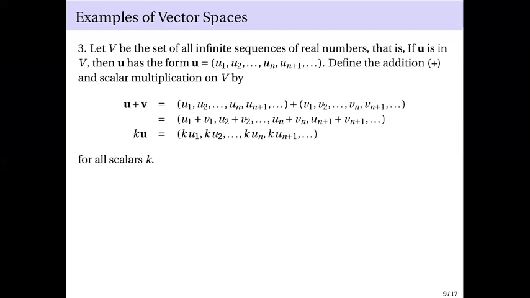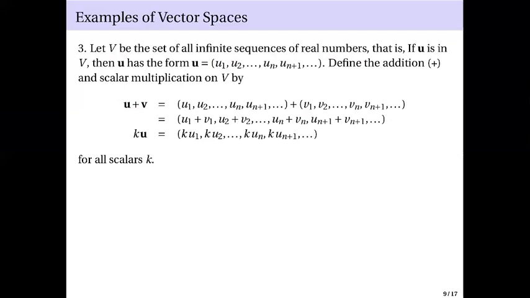So we have the definition of addition and scalar multiplication. We can verify that axioms 1 and 6 are satisfied immediately, very much similar to what we did in the previous example. So u1, u2, until un plus 1, etc., and v1, v2, etc., are all real numbers.